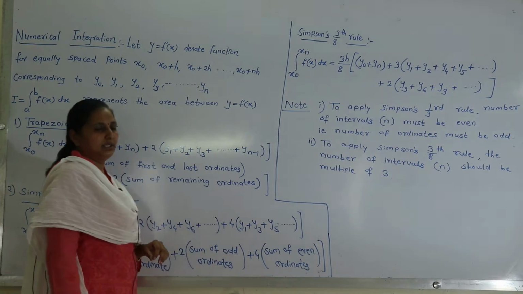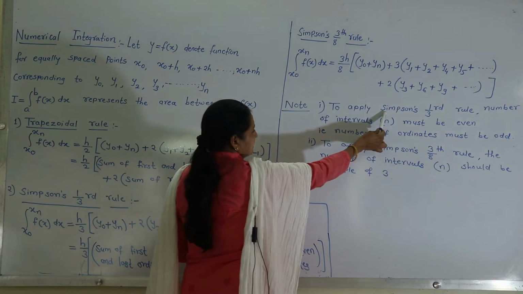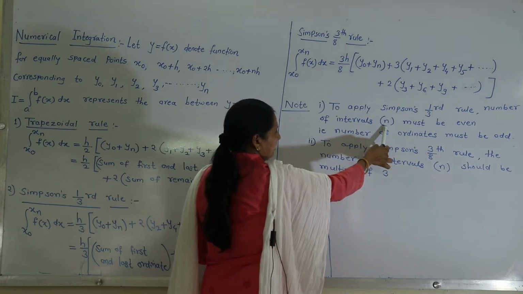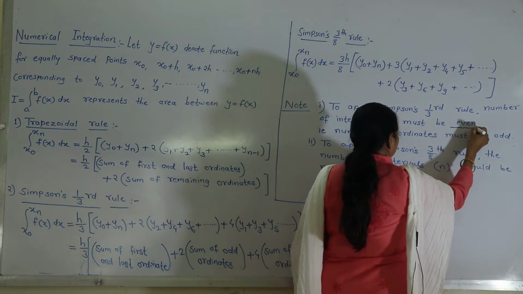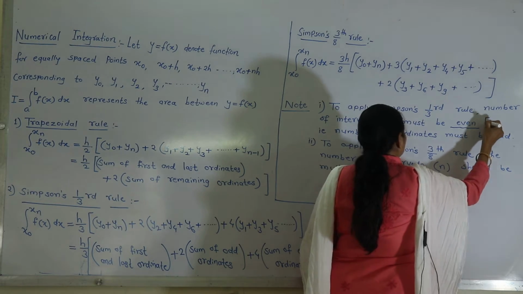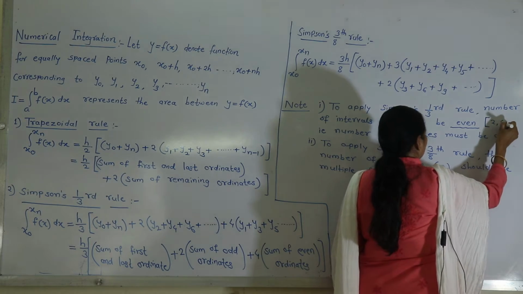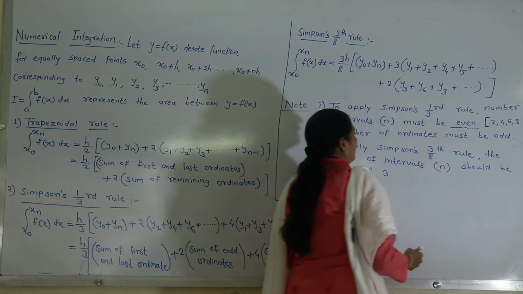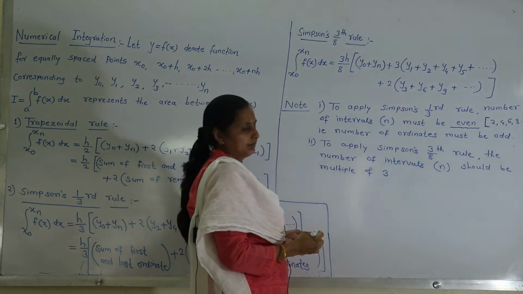Now there is one condition. Note that to apply Simpson's 1/3 rule, the number of intervals, that is n, must be even. That means the number of intervals should be an even number, that is 2, 4, 6, 8 and so on, and the number of ordinates must be odd.